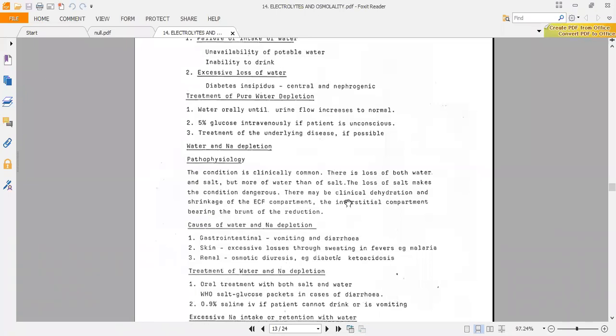So if you are losing more water than the sodium, then you have hyponatremia because you've lost a lot of water, and you are also losing sodium, but you are losing the sodium at a lower rate.